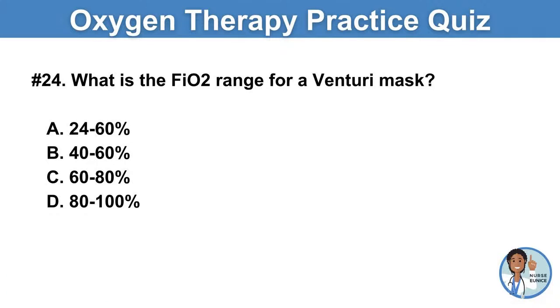Number 24, what is the FiO2 range for a Venturi mask? This is the one that has the different valves that allows a precise flow of oxygen. Is it A, 24 to 60%, B, 40 to 60%, C, 60 to 80%, or D, 80 to 100%?